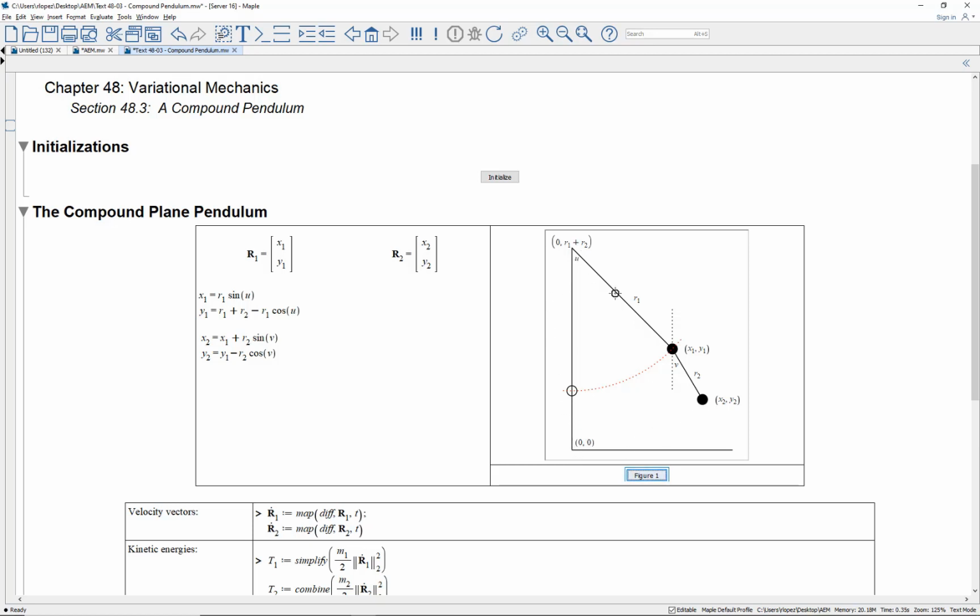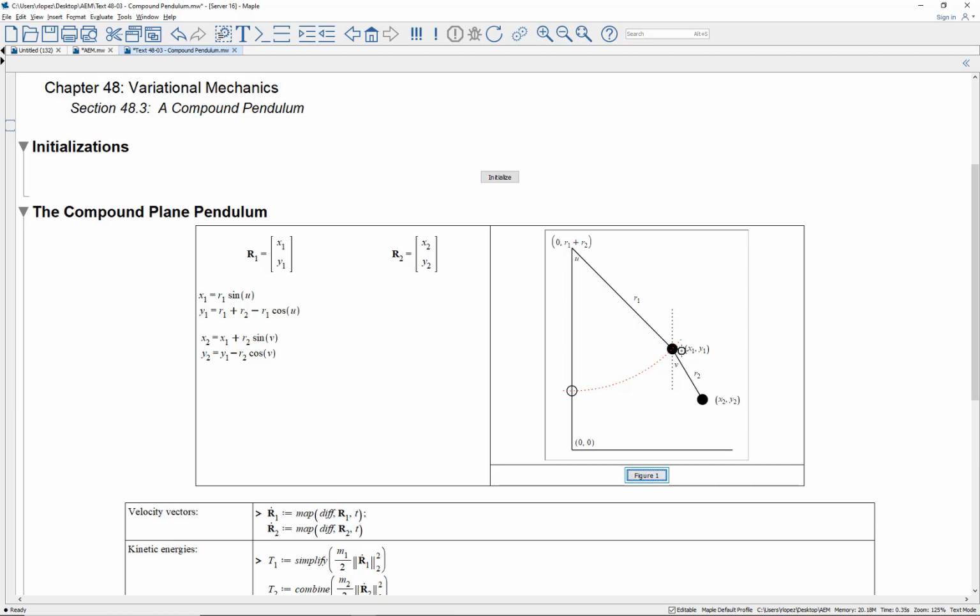So if this rod is length R1 and this is R2, then the pivot point would be 0, R1 plus R2. This is an XY coordinate system. Position vectors R1 and R2 are position vectors to the two bobs.